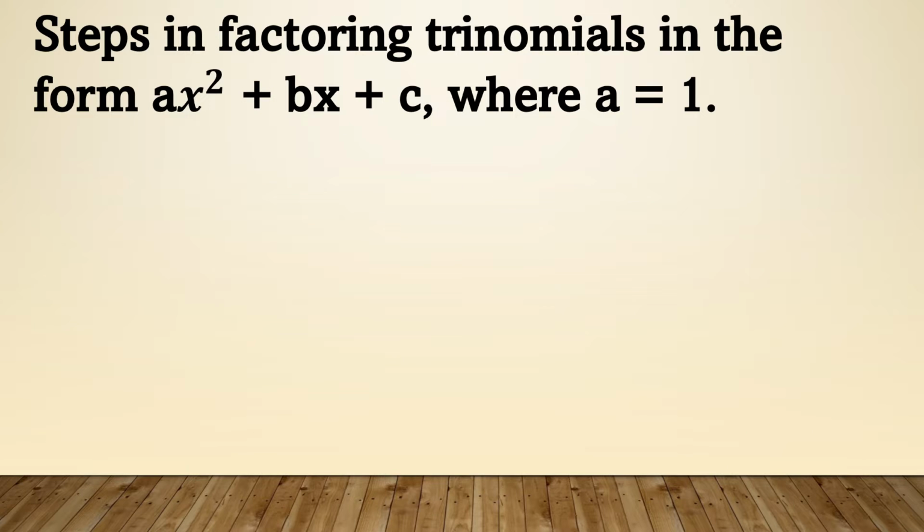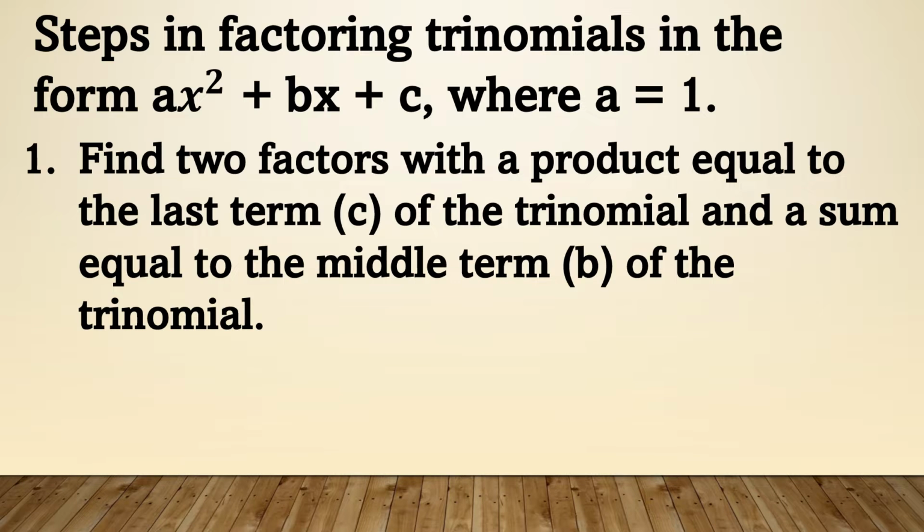Now here are the steps in factoring trinomials in the form ax squared plus bx plus c, where a is equal to 1. First, find two factors with the product equal to the last term of the trinomial and a sum equal to the middle term of the trinomial.